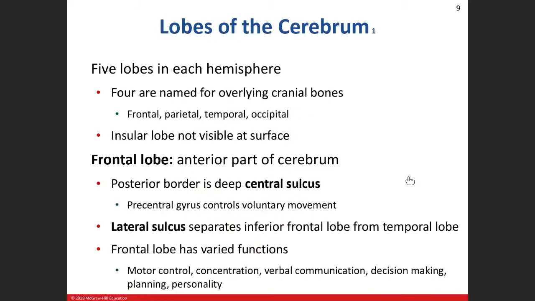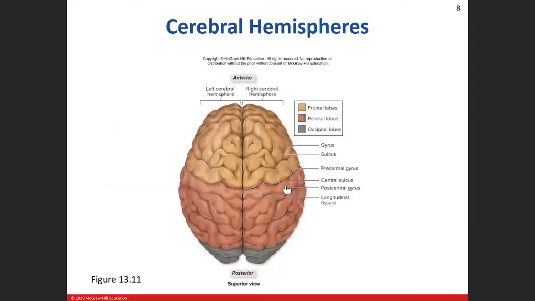So remember when we were labeling the brain? We had the central sulcus and we found that one gyrus, that one fold that was immediately in front of the central sulcus. That would be this guy right here. That is called the precentral gyrus. It's in the frontal lobe, but physiologically or functionally, it's known as the primary motor cortex.